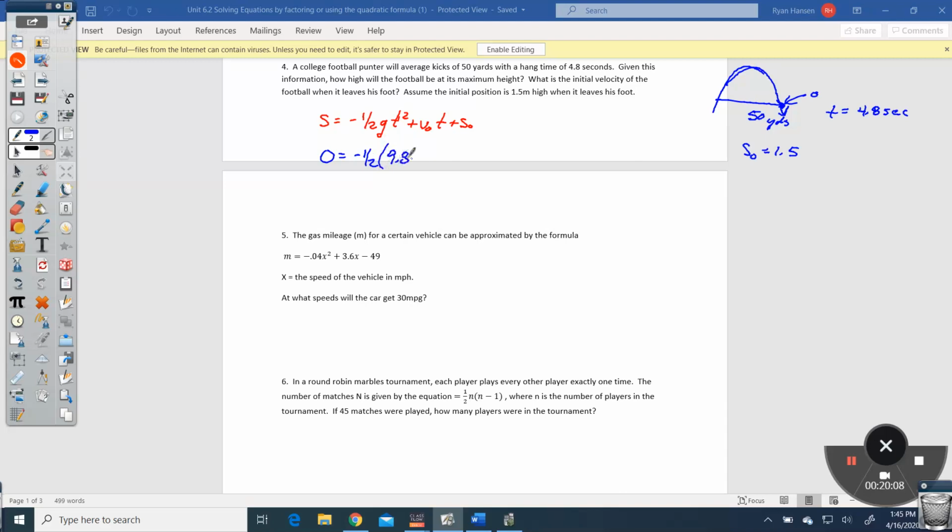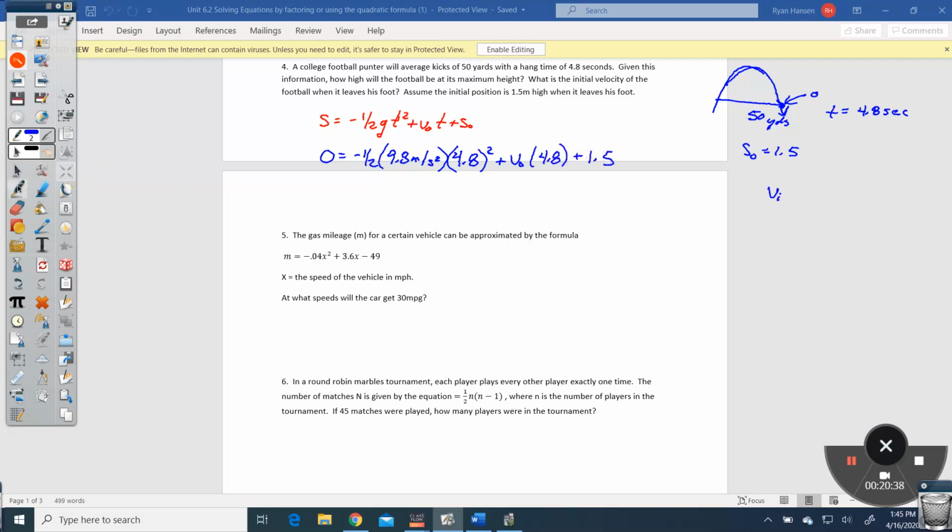So acceleration due to gravity is 9.8 meters per second squared, and our time to travel the whole thing is 4.8 seconds. So what we're going to solve for is the initial velocity, v naught. Some people use a little vi for initial velocity, and either way is fine. And the t is 4.8 seconds, so that's how long it took. And the initial position was 1.5.